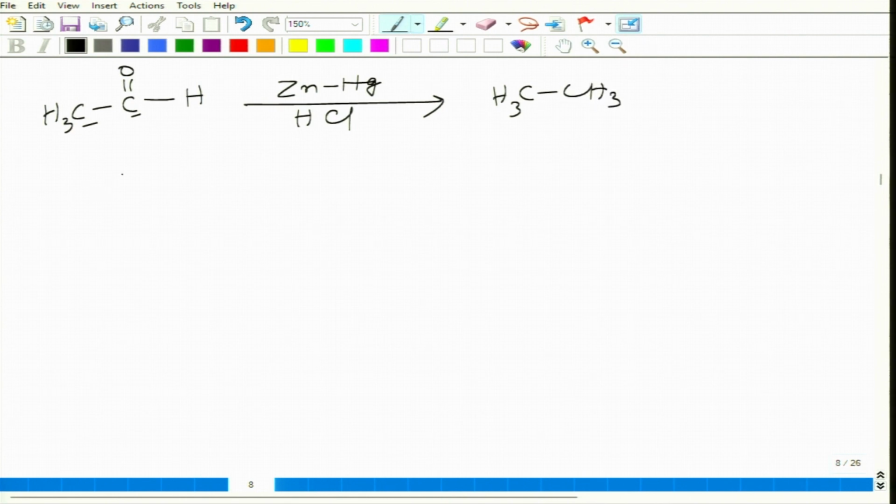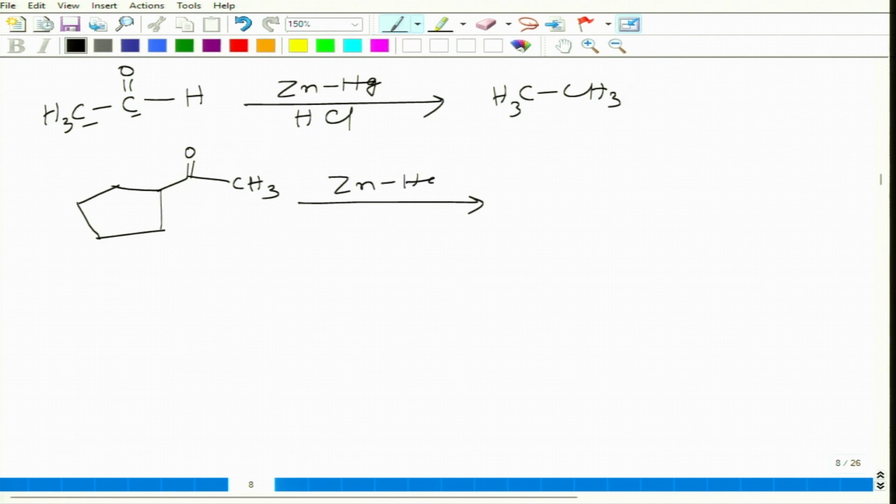Now, let us say we have this ketone. In presence of zinc amalgam and HCl, it will give this alkane, right. So, this is the Clemmensen's reduction.